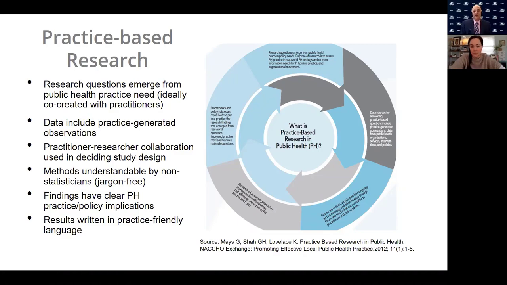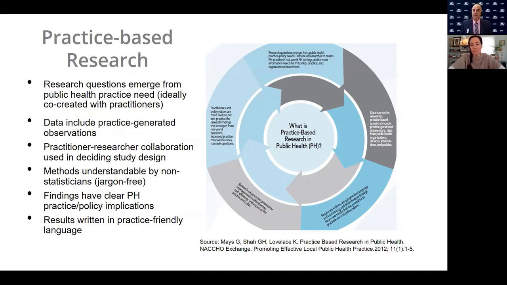So for researchers to be able to engage in practice-based research, the topic should not come from researchers' own curiosity, or worse, through data peeking, because some of us have access to secondary data and formulate questions later or pick the topic based on data peeking. They should arise from the practice needs. So ideally, in practice-based research, the researcher works with a practitioner.